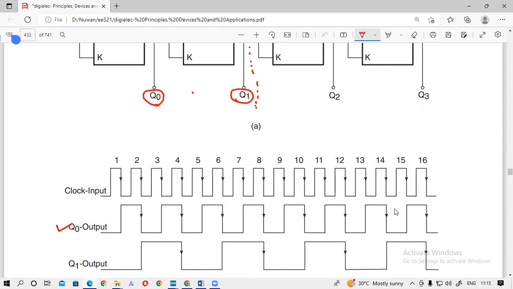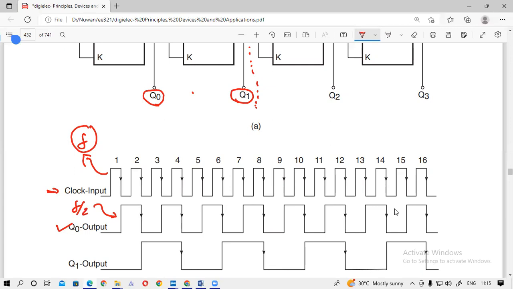And I already told you that if the frequency of the clock signal is F, then the frequency of the waveform at the first flip-flop, at Q0, will be F by 2.